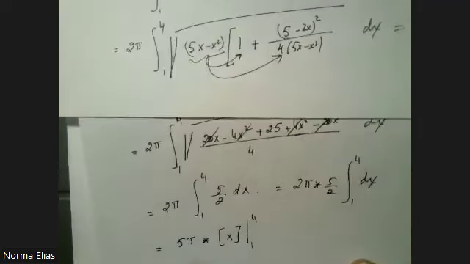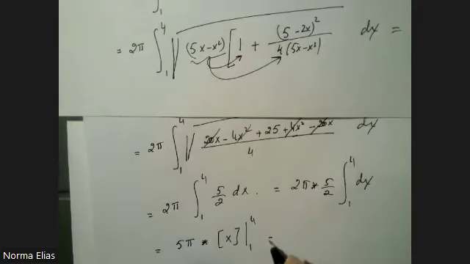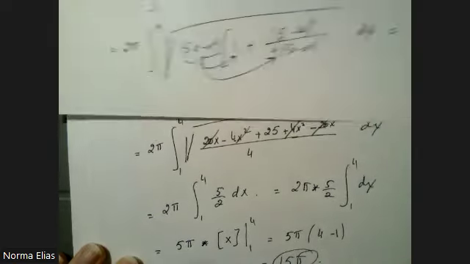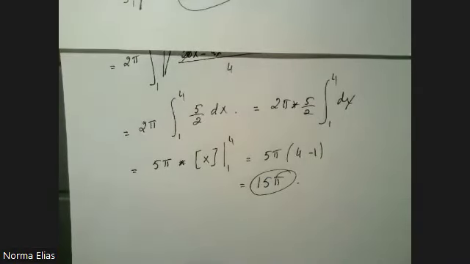Antiderivative of the x is the x itself, and finally I will have 5 pi times 4 minus 1. I will get 15 pi. Okay, so it really looked complicated, but as I said, those problems are worked out so you guys can handle them correctly. All right, great.